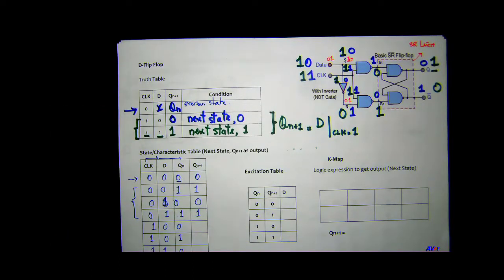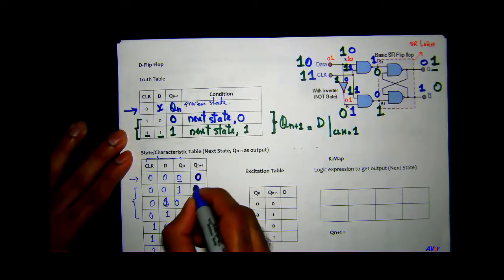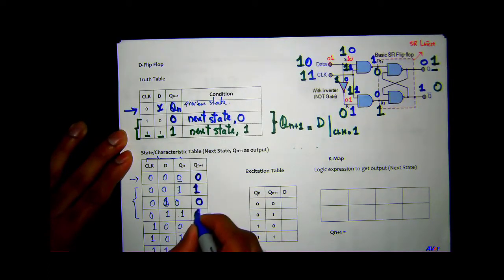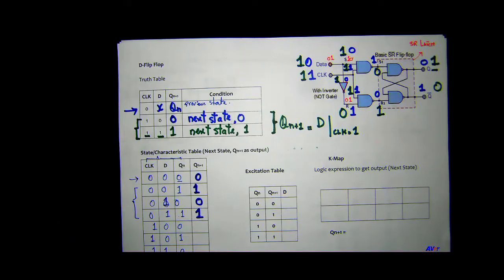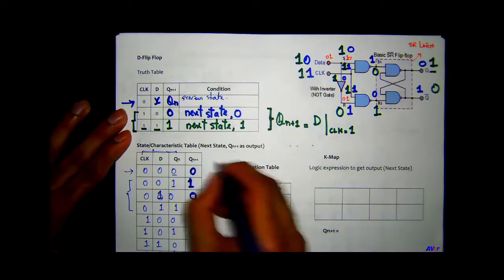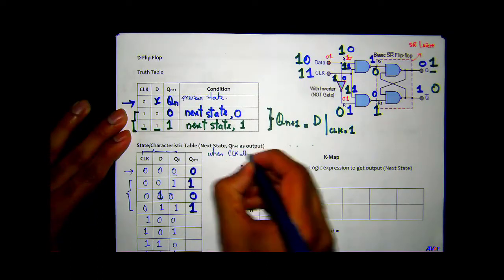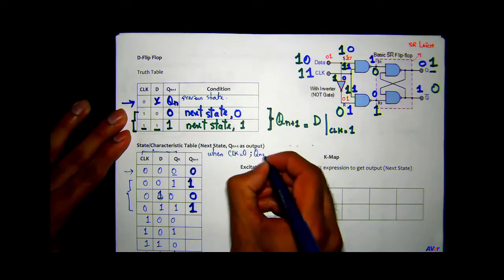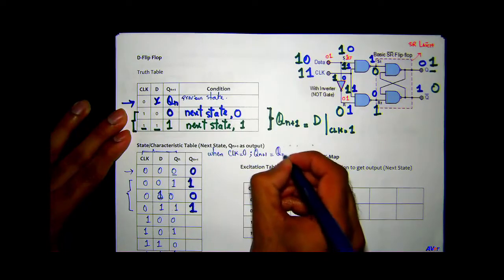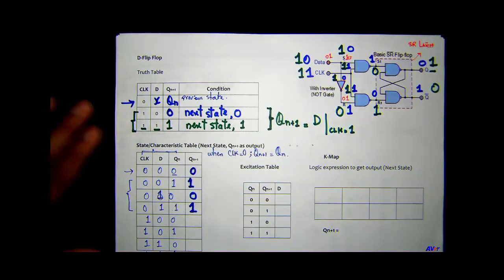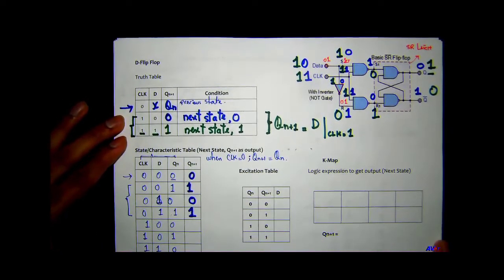Okay, so 0, 1, 0, 1. I can write it down here also: when clock is 0, next state is equal to present state.